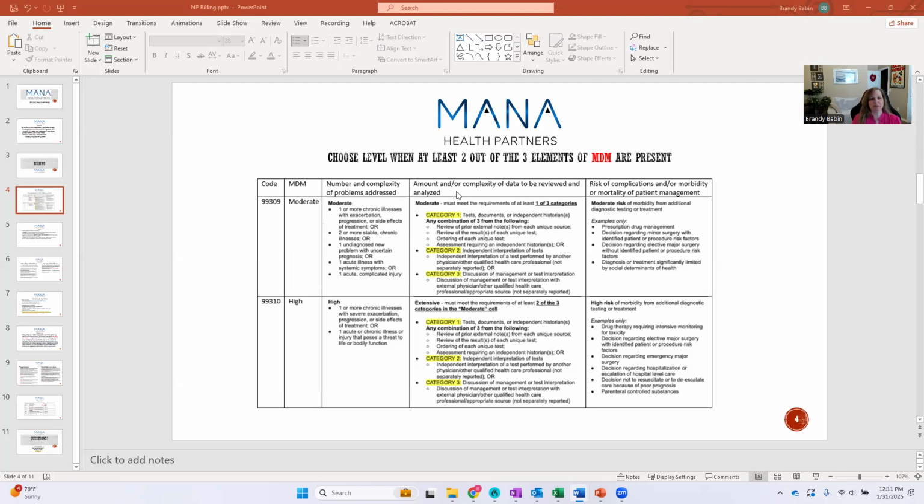The second one is the amount or complexity of data to be reviewed. In the moderate category, you need one out of the three categories. The first category is saying they want three things from you. They want you to review an external note. That could be psych, cardiology, or wound care, but you're reviewing an external note.